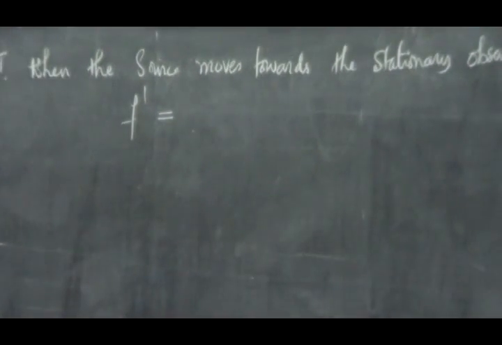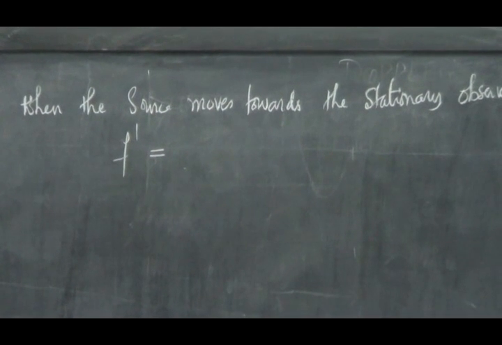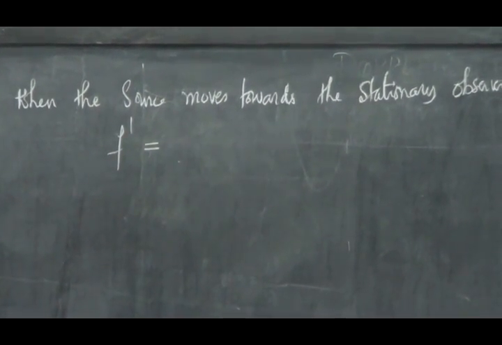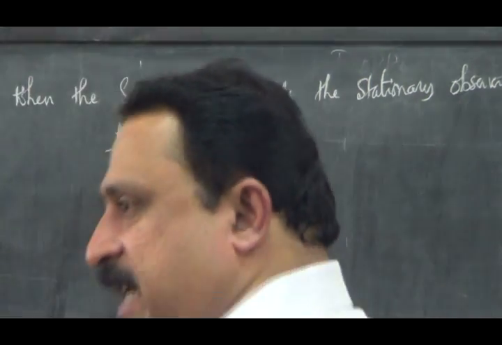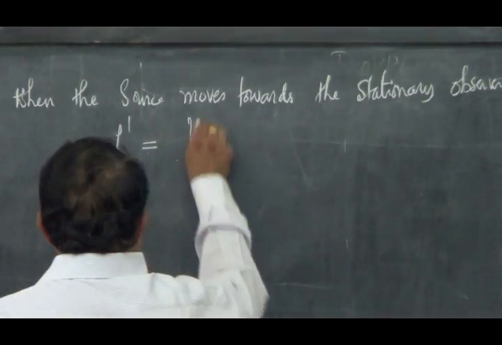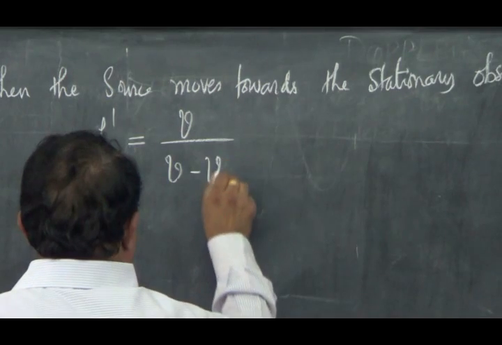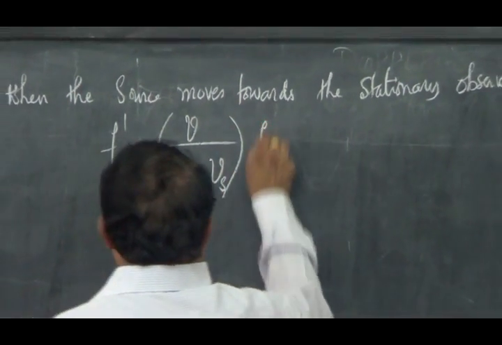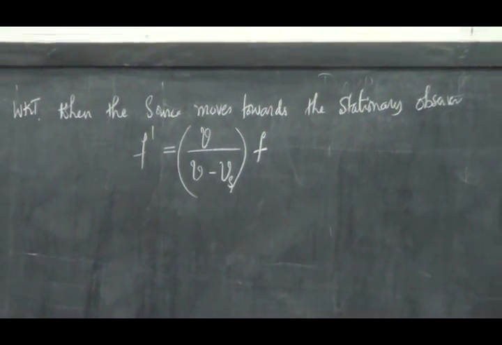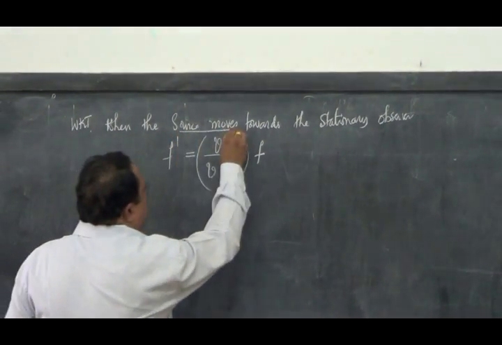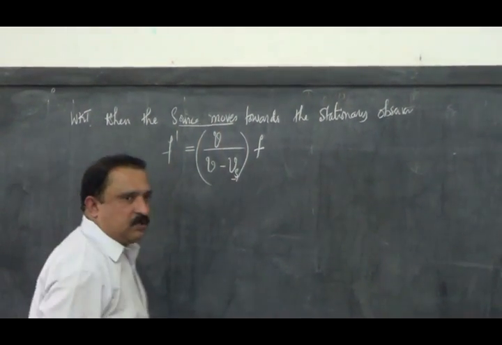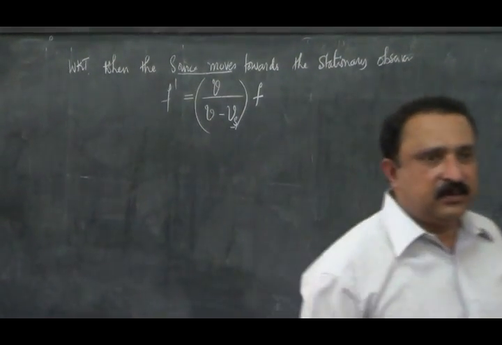First case: F dash equals V by (V minus Vs) into F, where F is the actual frequency. Now see, source moves means you should take the velocity of the source, the Vs term.